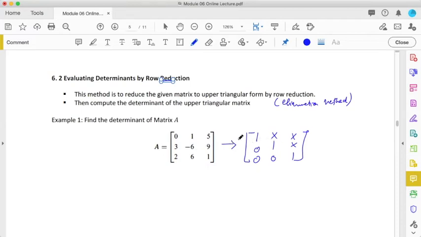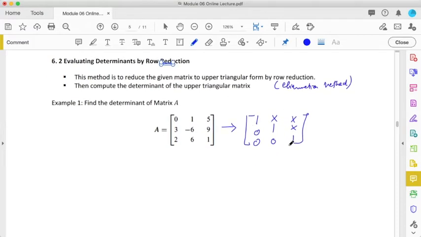To get this into the upper triangular form with the diagonal coefficients consisting of 1, we need to perform the elimination method. So we can start with the first entry here at position 1, 1. Since we have zero, we need to convert it into 1. So we can use a swap between different rows.